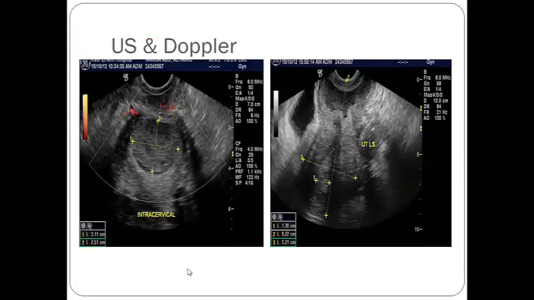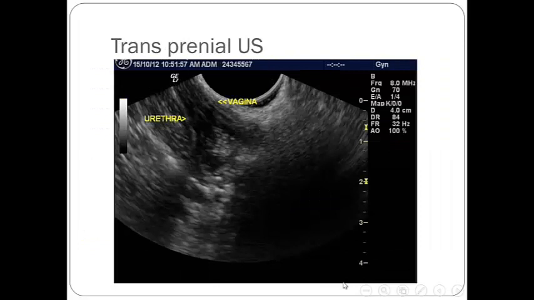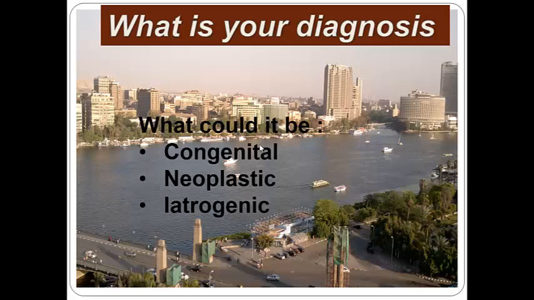This is the uterus, and this is the cystic lesion by ultrasound inside the cervix. Here this is transvaginal, but we get from the pouch, but we could not reach more than that. So still we could not know the communication well. Here by ultrasound we see that the vagina is traversing with the urethra, so it is a case of urogenital sinus syndrome. Although the patient is 40 years, we are dealing with a congenital condition.